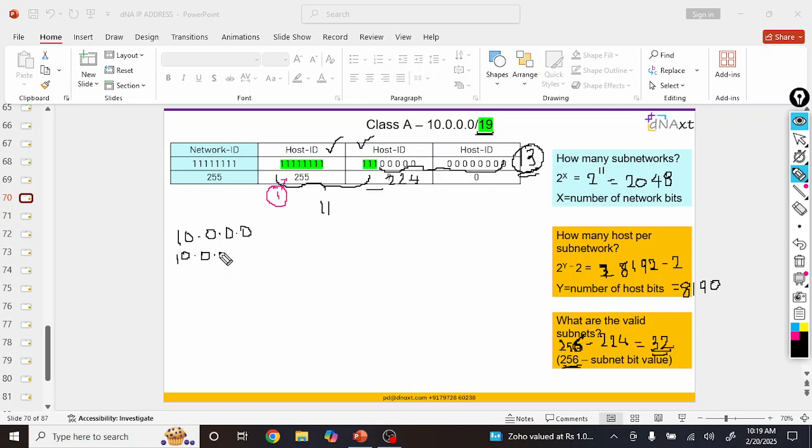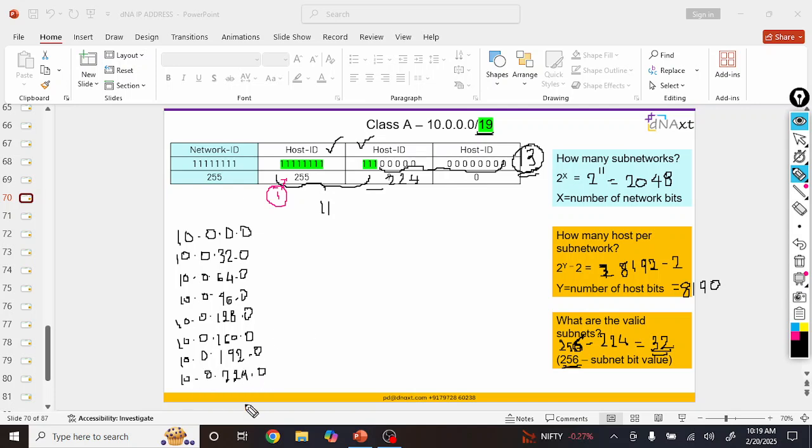So 10.0.32.0, 10.0.64.0, 10.0.96.0, 10.0.128.0, 10.0.160.0, 10.0.192.0, 10.0.224.0. And now if you add 32 over here, you will get 256.